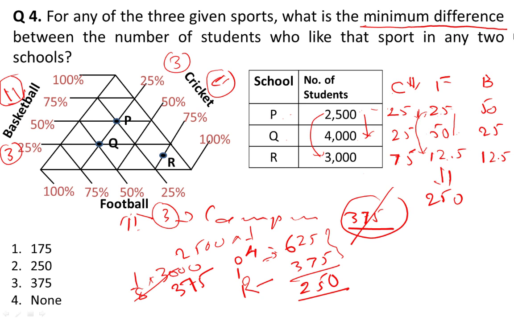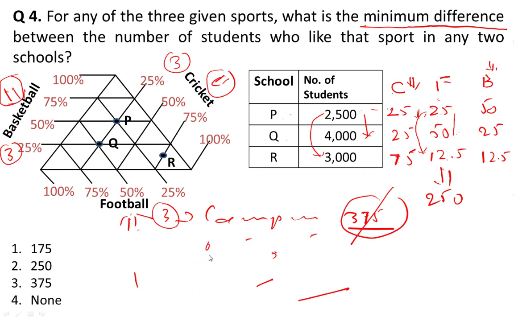Now come to basketball. Now basketball, P is 50%.